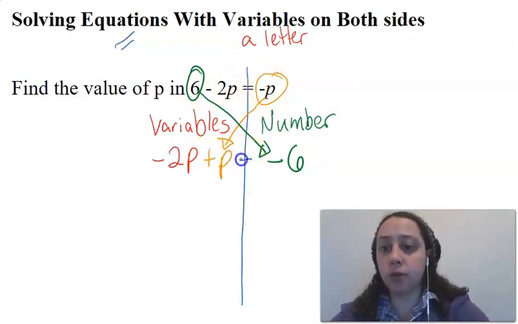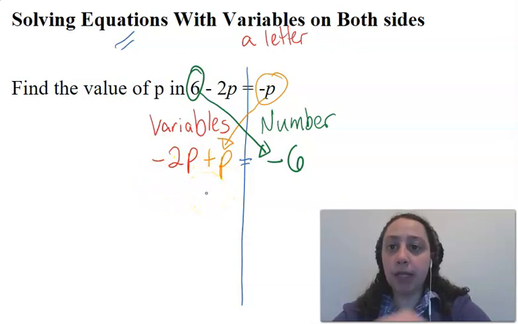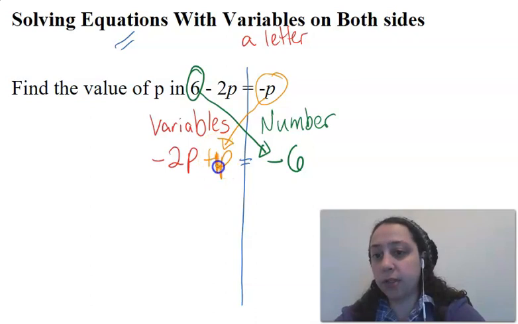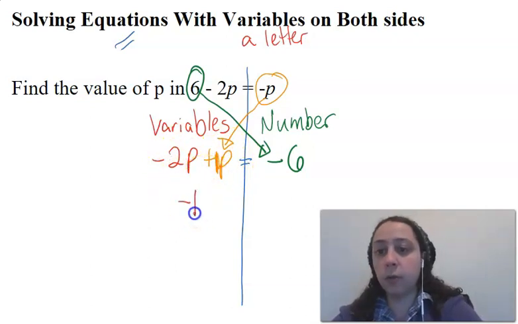And make sure you put your equal sign down. So we have now negative 2p plus p. We can combine these because they both have p. Remember, in the front, there's a 1. So negative 2p plus 1p, we do negative 2 plus 1, negative 1, and we put our variable, equals negative 6.